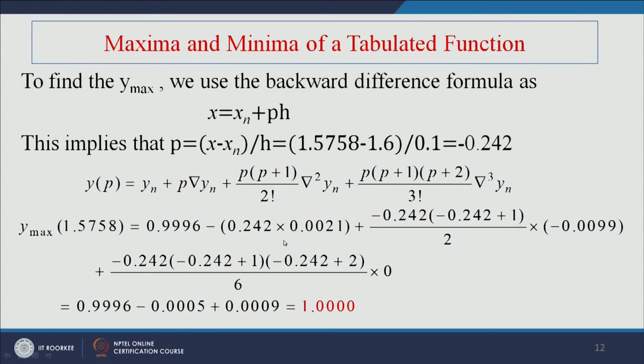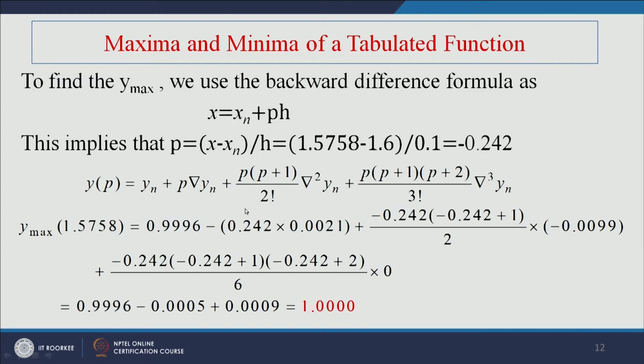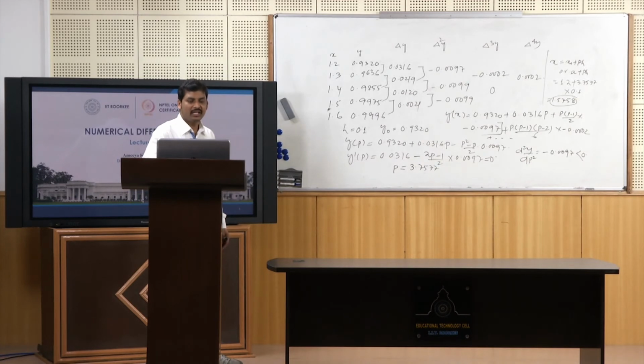So minus 0.242 into nabla of yn, which from the backward difference table is 0.0021, and plus p into (p plus 1) by 2 factorial del square of yn. So p is minus 0.242 into (minus 0.242 plus 1) by 2 into minus 0.0099 here. Then the final value we obtain is 1.000 up to 4 decimal places.